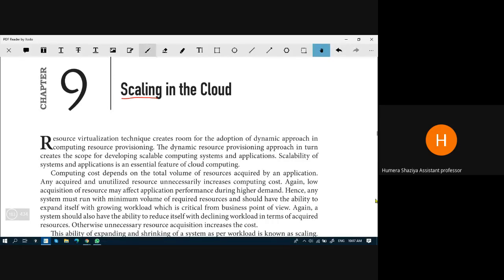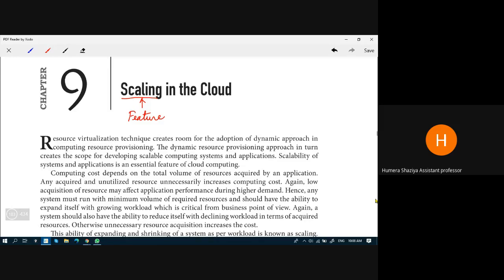You can say that it is a very important feature or property of cloud, like virtualization. If you remember, virtualization is the foundation for cloud. It is the key enabler of cloud. Likewise, scaling is also another feature in cloud.